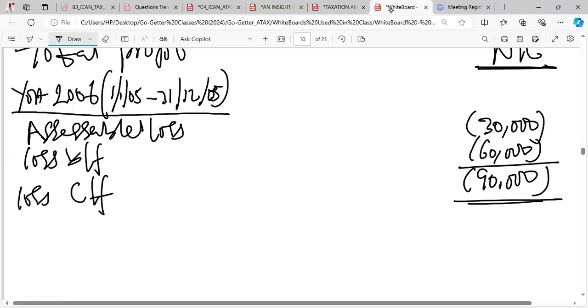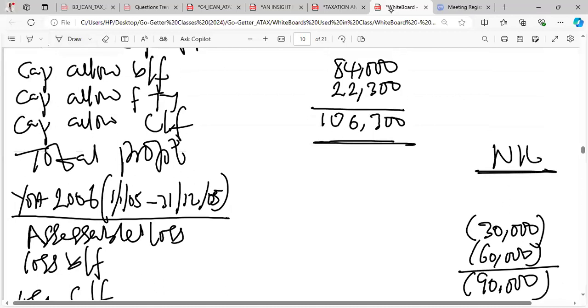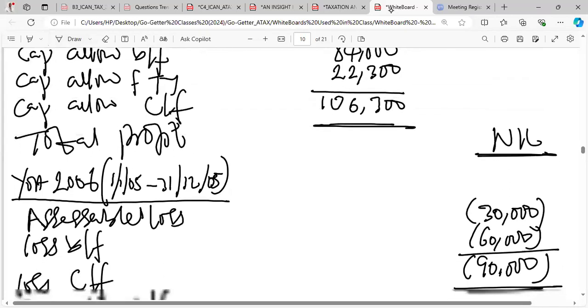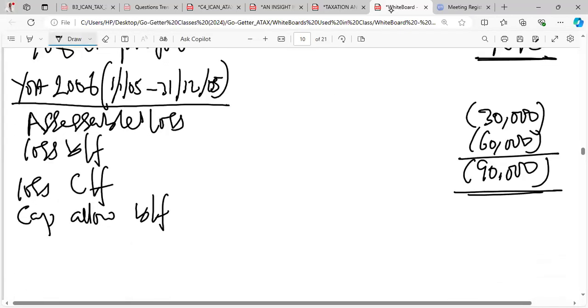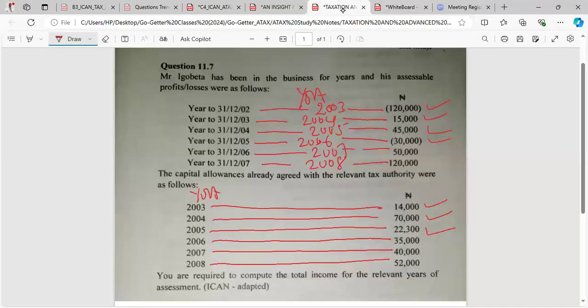Capital allowance brought forward. How much is the capital allowance brought forward? 106,300.